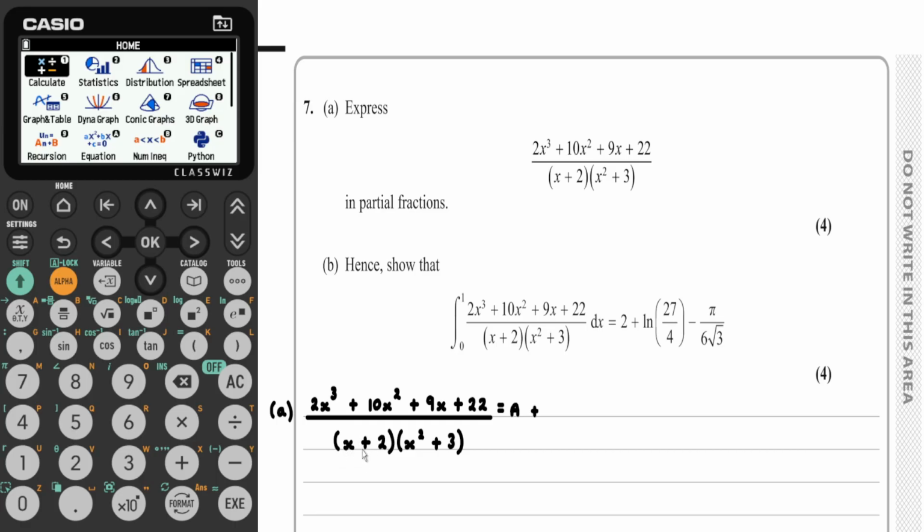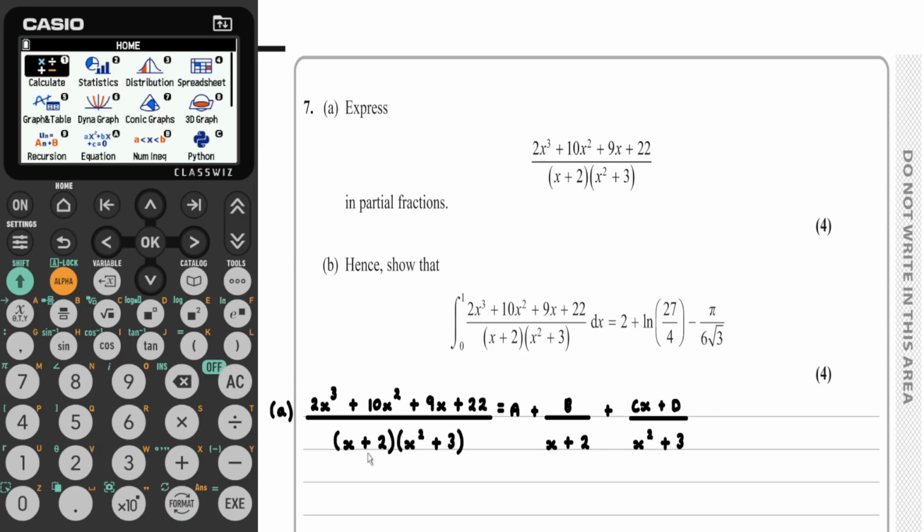If I think about this x plus 2, if that is my denominator, my numerator will be 1 degree less than that. 1 degree less than a linear will be a constant. Let's call that b. And if I think about the x squared plus 3, if that is the denominator, the numerator will be 1 degree less. For the denominator we've got a quadratic, therefore the numerator will be a linear term cx plus d.